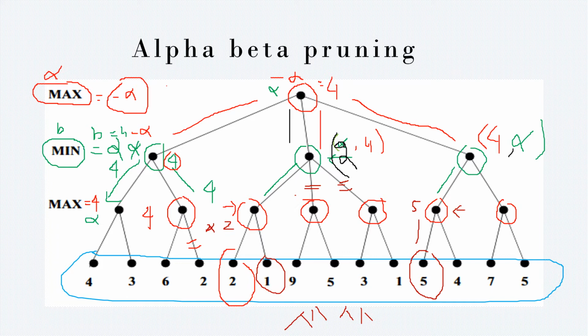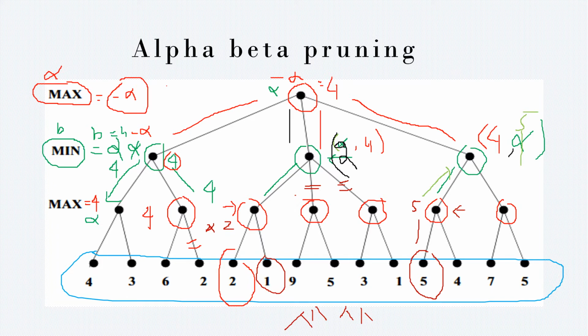Again it will search this node and it is less than that, and 5. Now we have value beta, so that is equal to 5. Here beta is positive infinity, so it will take 5.